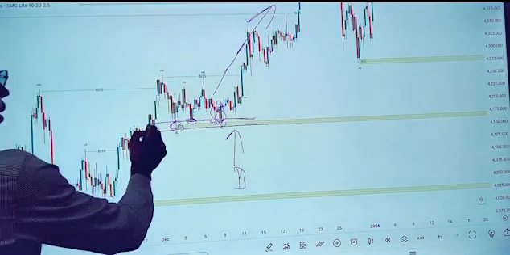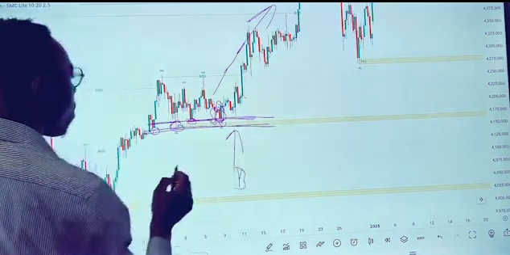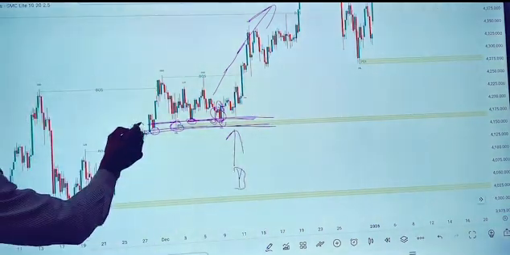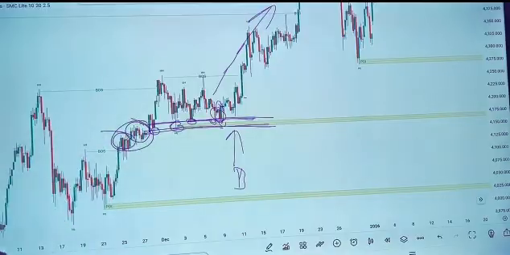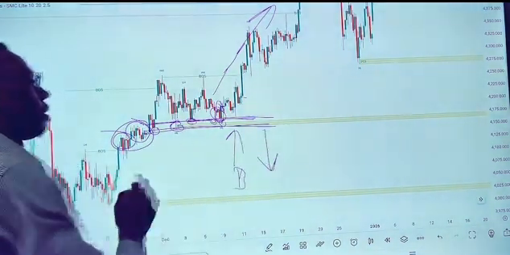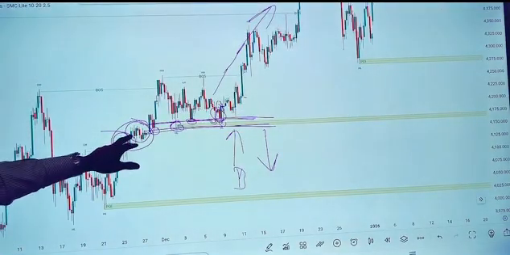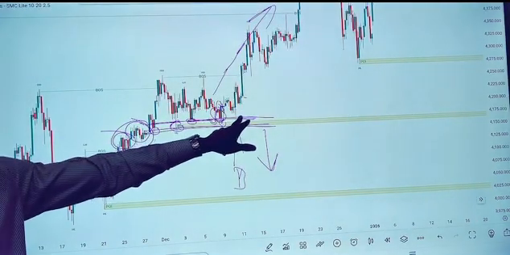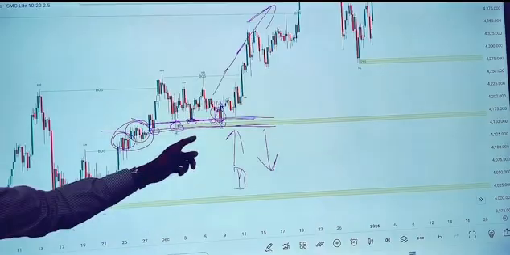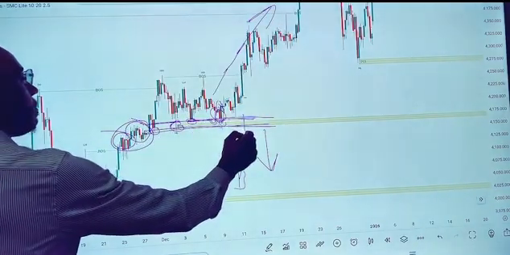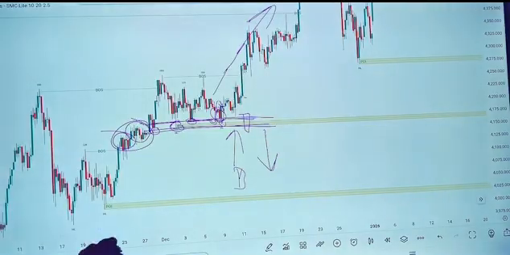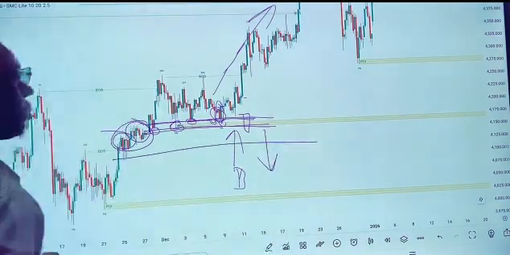And check this. You check our key area, our point of interest. You can see there's rejection here. This rejection right here has the ability to prevent the price from pushing down. Even if the price closes below this level, this still has the ability to push the price up.